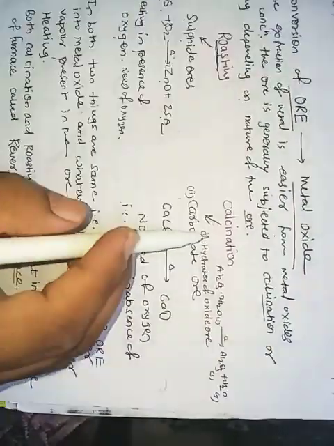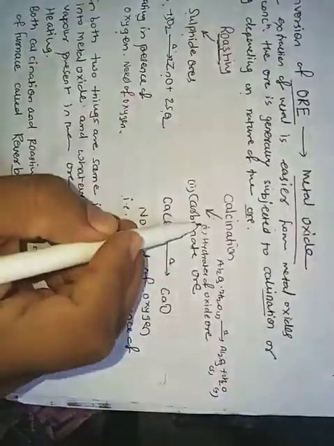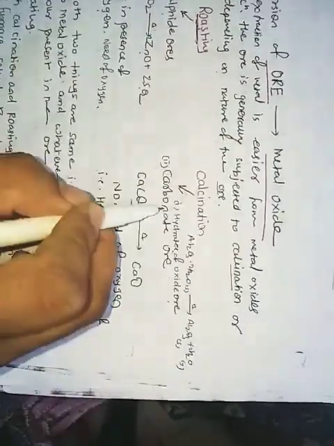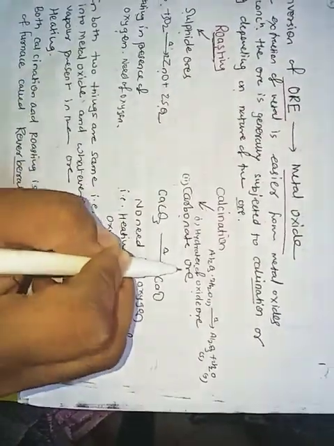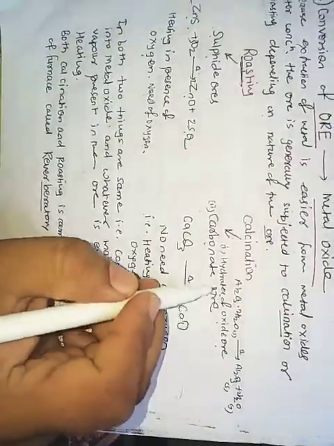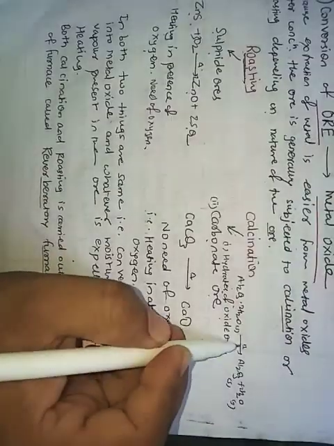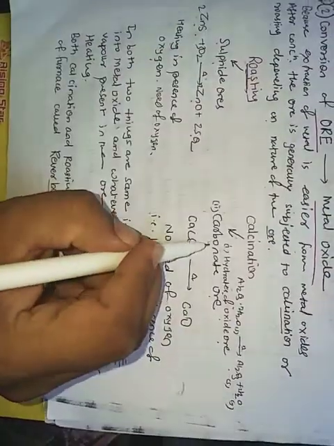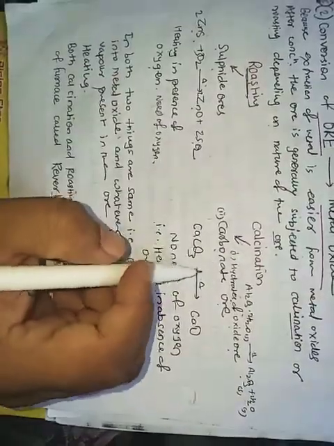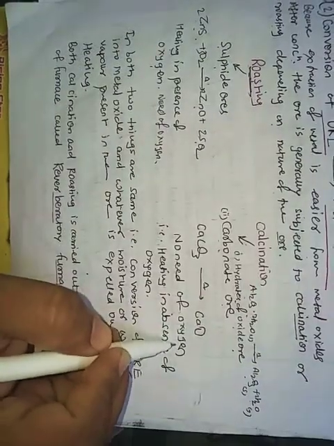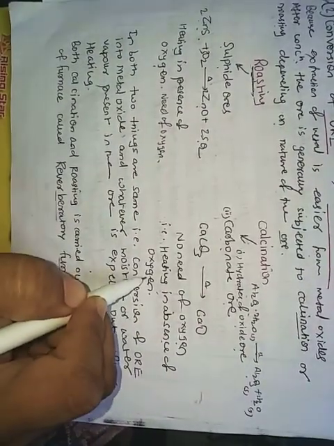Now, calcination. In calcination, basically two types of ores can be treated: hydrated oxide ore and carbonate ore. For hydrated oxide ore, Al2O3·2H2O solid, on heating you will get Al2O3 solid plus H2O gaseous. In carbonate, there is no need of oxygen, heating in absence of oxygen.